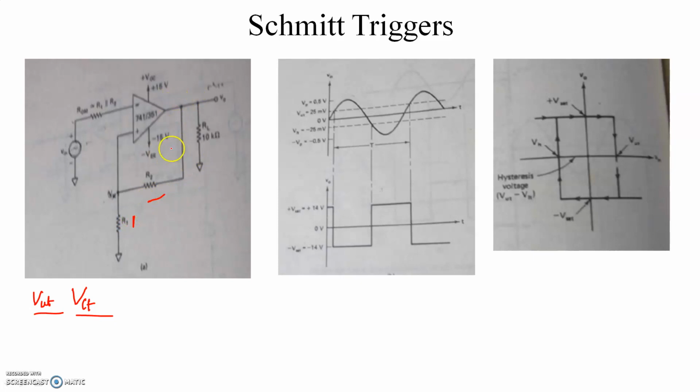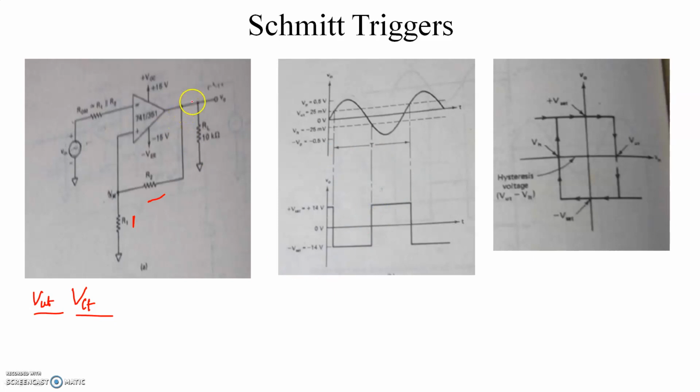When the output voltage VO is at plus V saturation, or positive saturation, the voltage across R1 is a positive quantity called the upper threshold voltage VUT. The input voltage Vin must be slightly more positive than VUT to make the output VO switch from plus Vsat to minus Vsat.